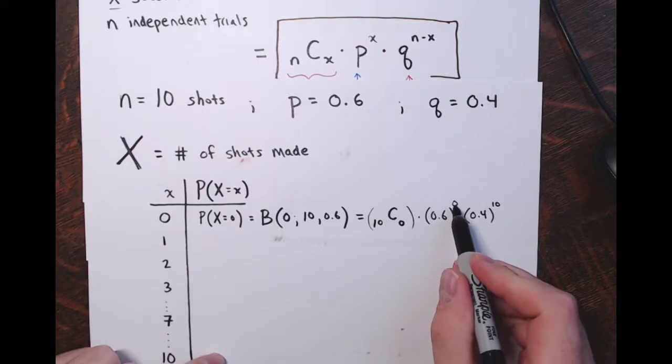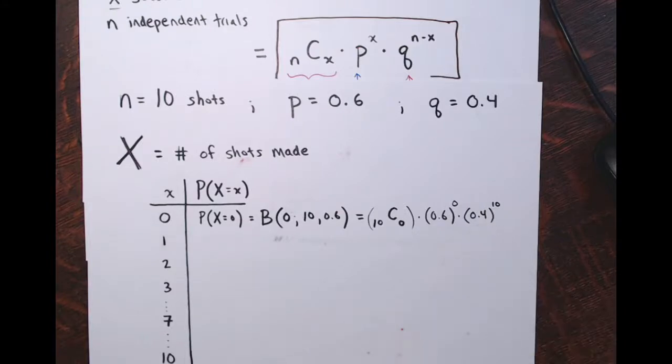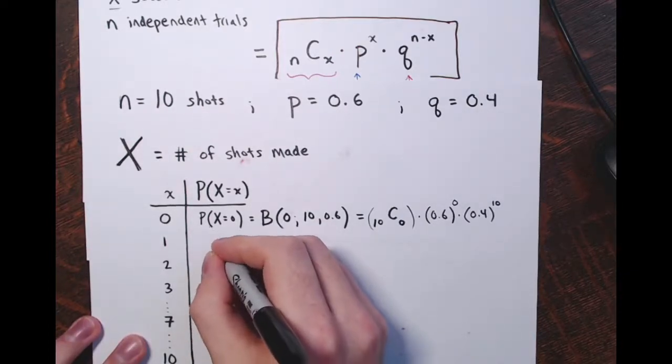This is also 1, remember, any non-zero number to the 0 power is 1. So really I'm just left with 0.4 to the 10th. Whatever 0.4 to the 10th is, that is the probability of missing all the shots. And I would do the same for every single one of these.